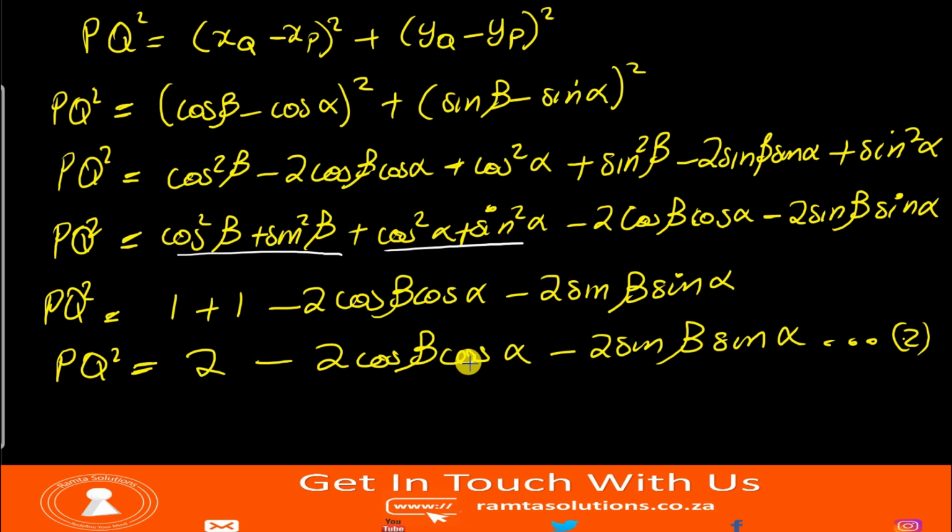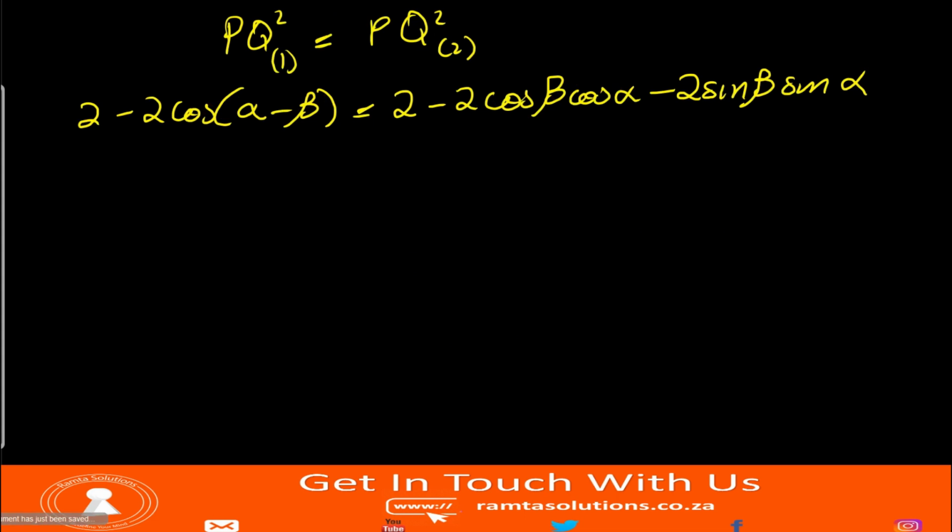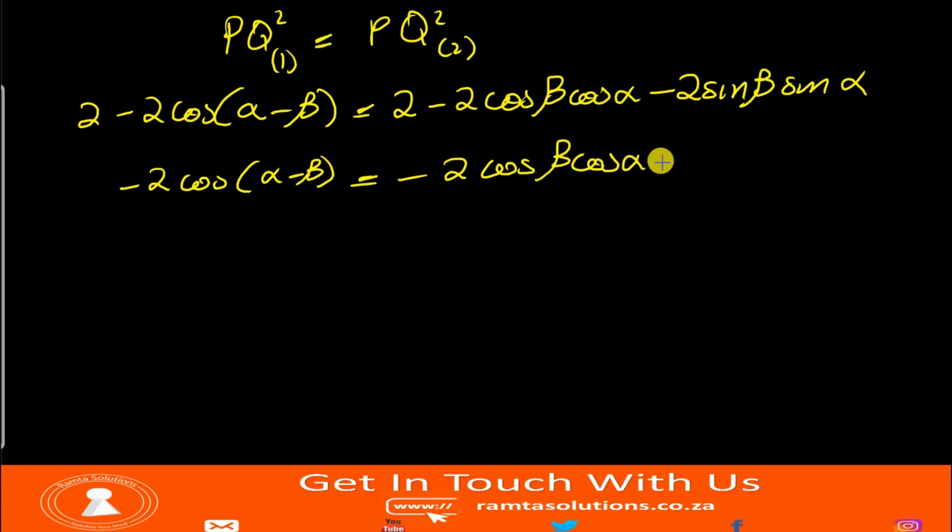Can you guys see that? Cool. So, as you can see, this 2 will cancel with the other 2. So we are left with minus 2 cos alpha minus beta is equal to minus 2 cos beta cos alpha, minus 2 sine beta sine alpha.